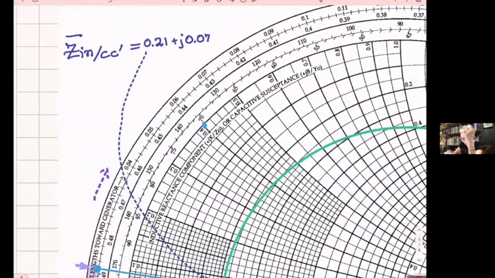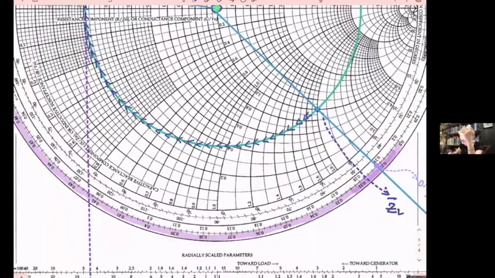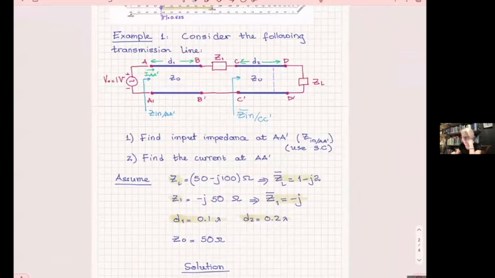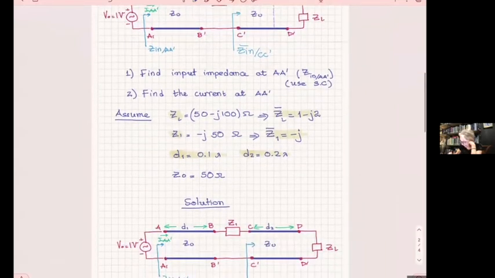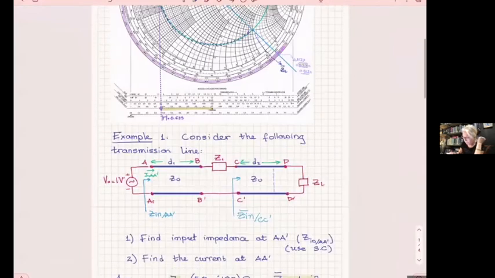To this one, what do we have to do according to our steps? We have to add Z1 in series. How much, therefore, is this one, ZT? So ZT, I will do it on the Smith chart.